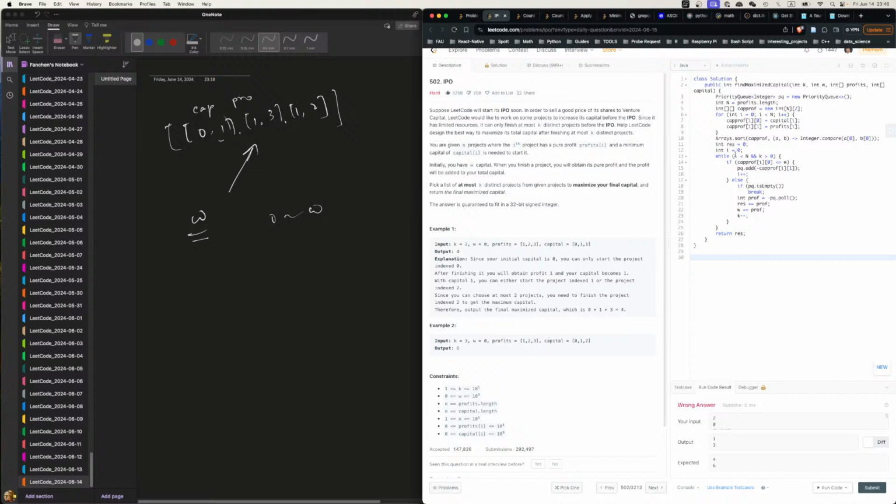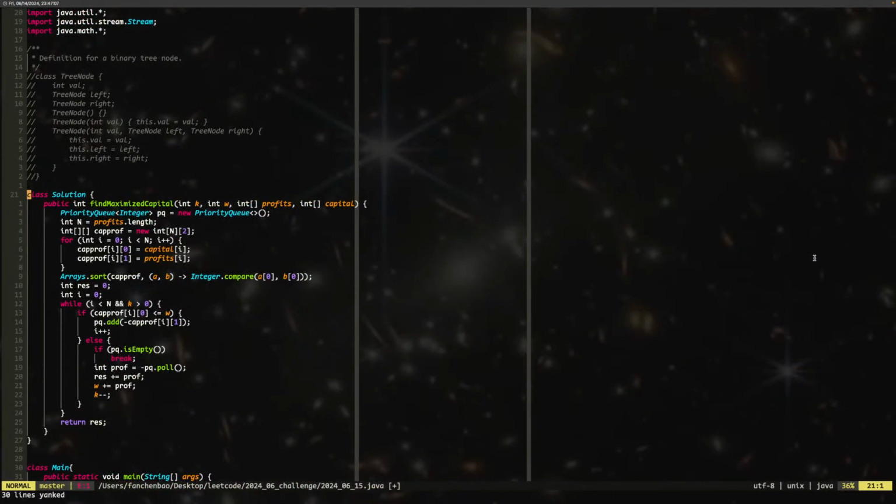So we should continue going. Yep, this should be if i is smaller than n, and otherwise we always go this way. Now it's correct. I think this is correct.